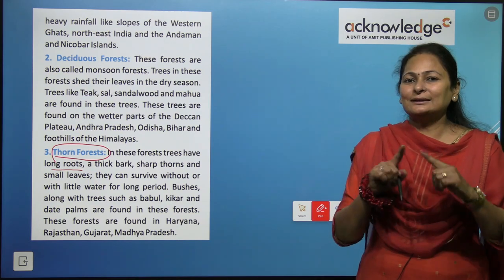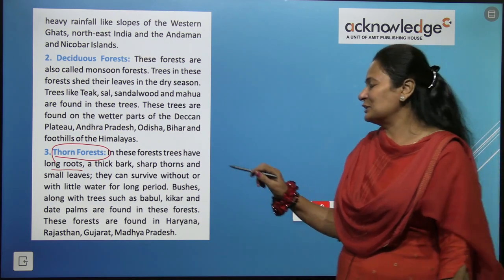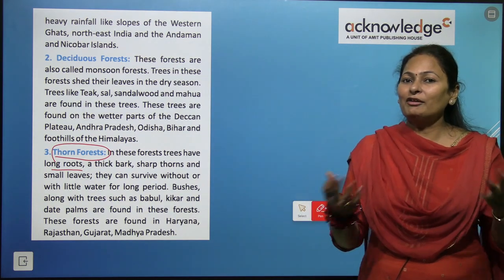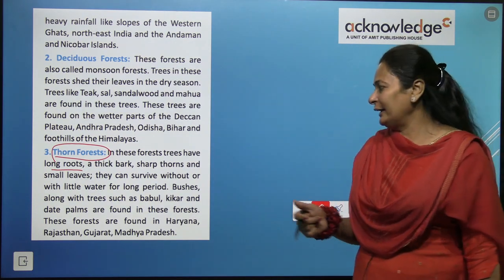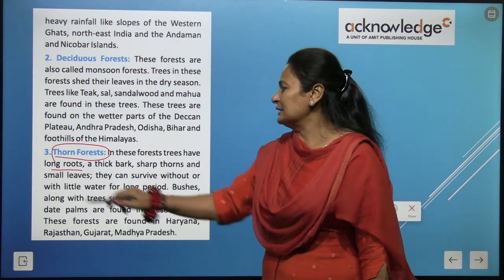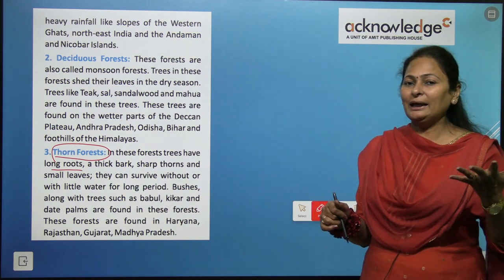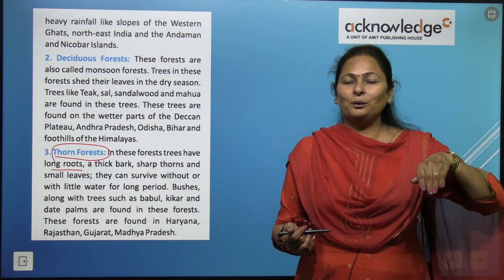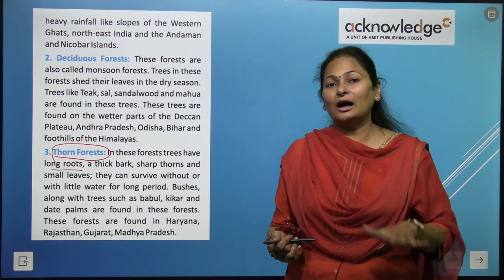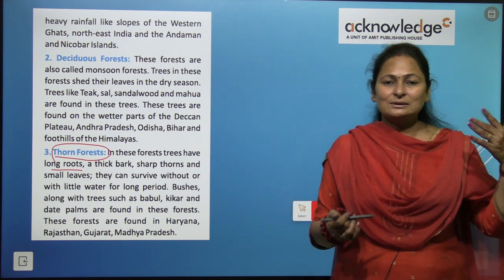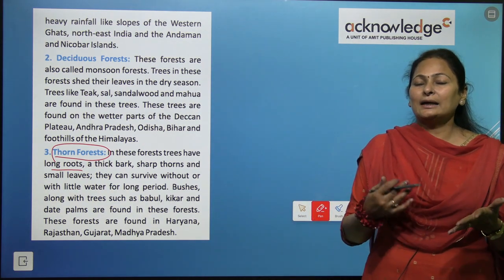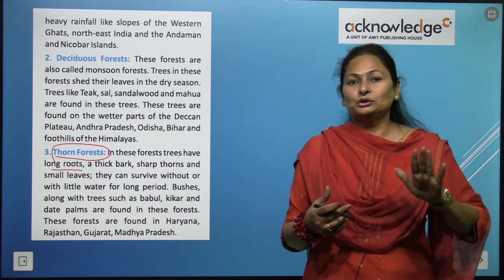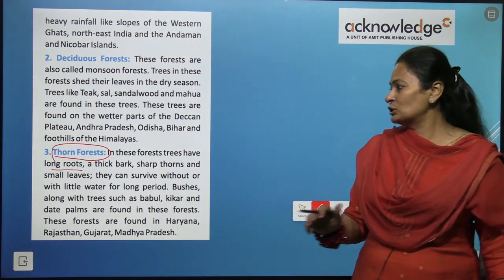So leaves turn into thorns to reduce the evaporation of water, right? So these forest trees have long roots. Why do these kinds of trees have long roots? The long root reaches the groundwater, right? So that is why these types of plants and trees have long roots deep into the soil.